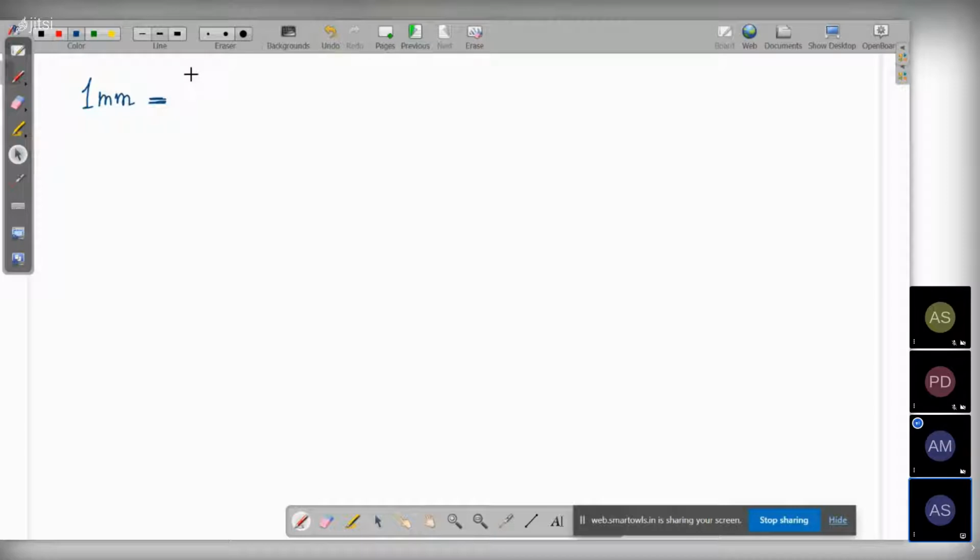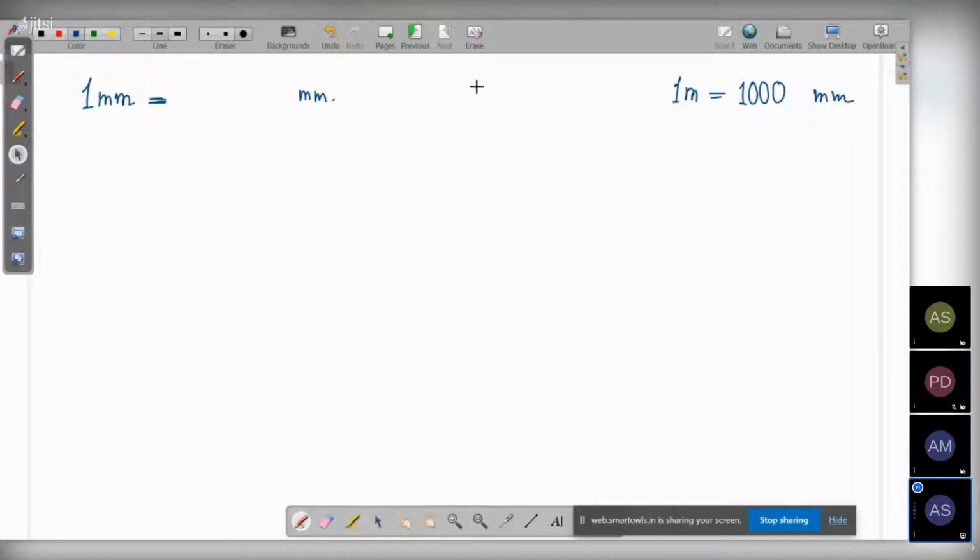Not 100. 1 meter is equal to how many millimeters? 1 meter is equal to 1000 millimeters. So then 1 millimeter is equal to how much?